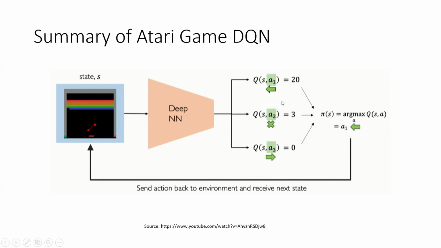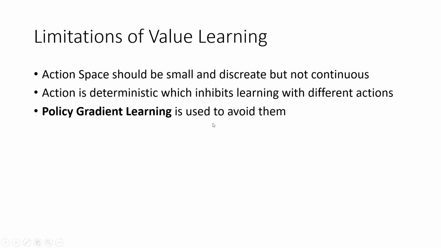You'll always take the maximum Q value from these discrete values and take that value deterministically. Deterministically means when you get the state as the input, you would always take the same action, which is having the highest Q value.